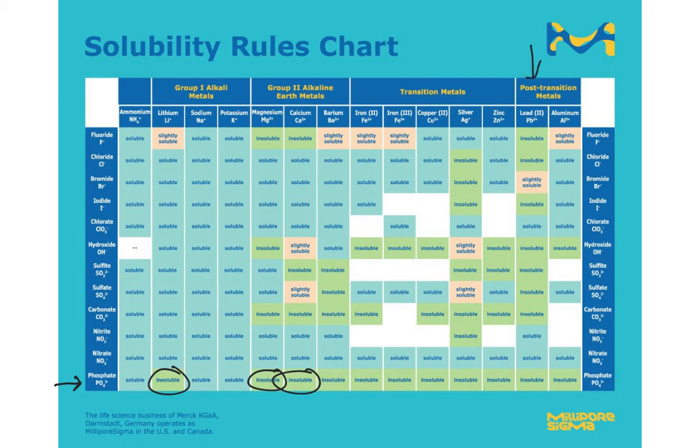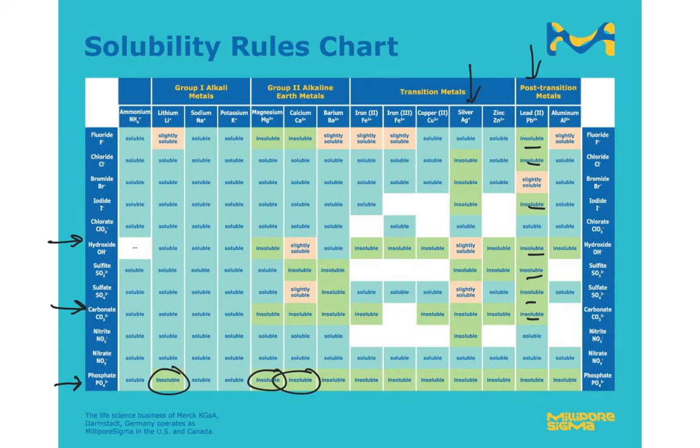Lead, for the most part, is going to be insoluble. There are some solubles, but for the most part it's insoluble, along with silver as well. A lot of hydroxides are also going to be insoluble, and carbonates are also going to be insoluble. So you start to see some patterns when you look at this solubility rules chart.